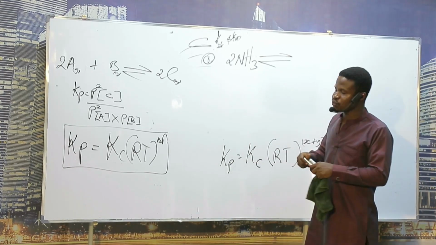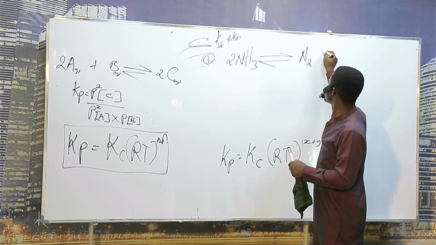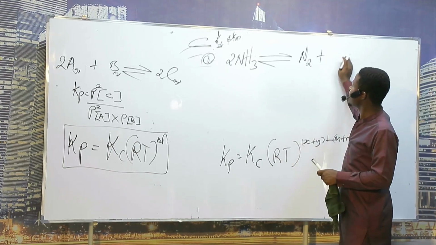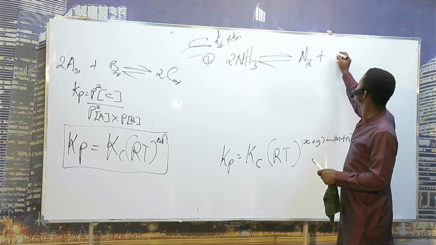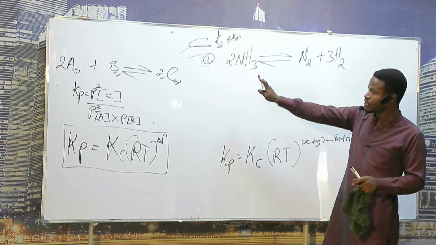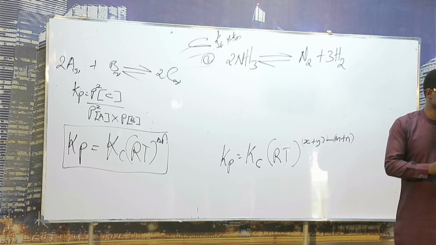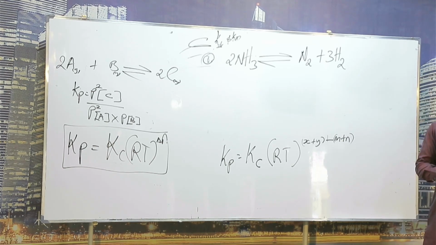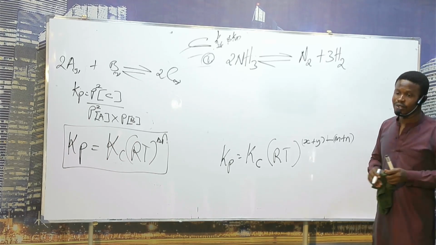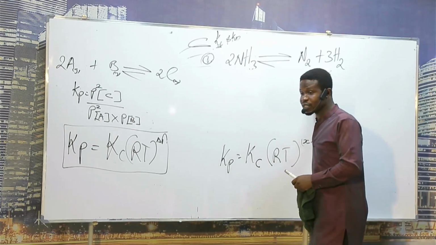If I rewrite this equation, I have N2 plus 3H2. In this format, look at the board. Which one is the reactant? Which one is the product?